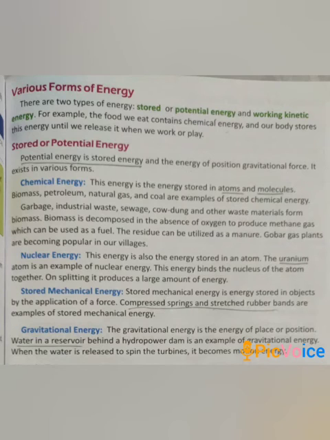The gravitational energy is the energy of place or position. Water in a reservoir behind a hydropower dam is an example of gravitational energy. When the water is released to spin the turbines, it becomes motion energy.